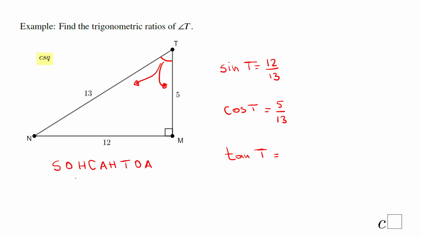So you notice now here SOHCAHTOA, what I just said on the previous slide. So let's see in this last trigonometric ratio what the ratio is. From the angle, I'm going to go first to the opposite leg, which is 12, and the adjacent leg, which is 5.